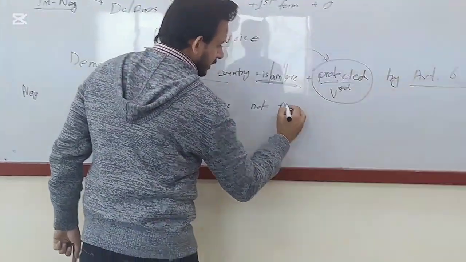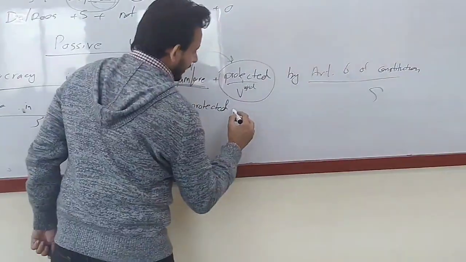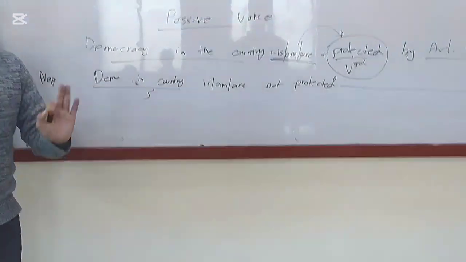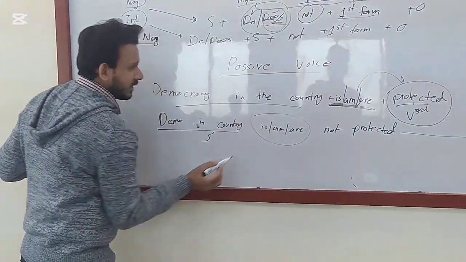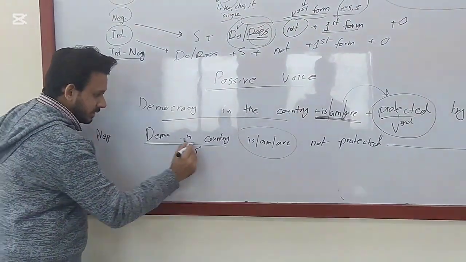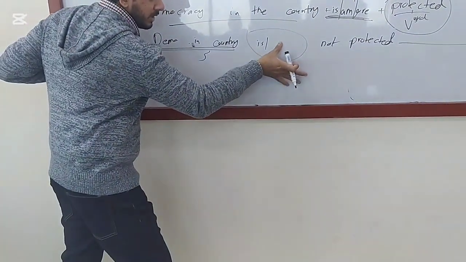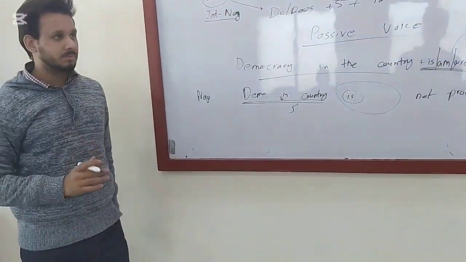And then you write the third form of the verb, that is protected, and the other part of the sentence will remain the same. Clear? If you want to make it interrogative, you simply put one of is, am, are. Because democracy in the country is singular, we will only put is, not am or are.